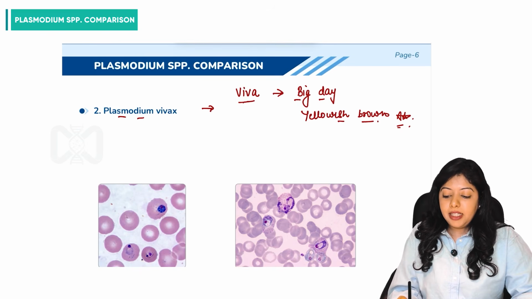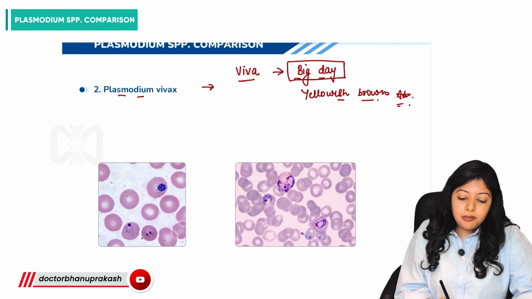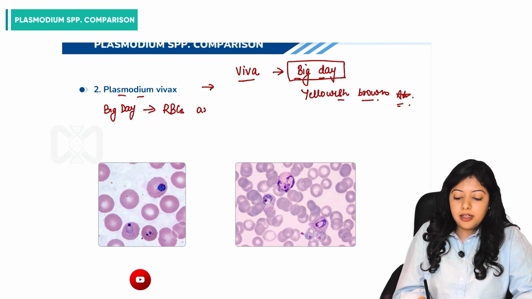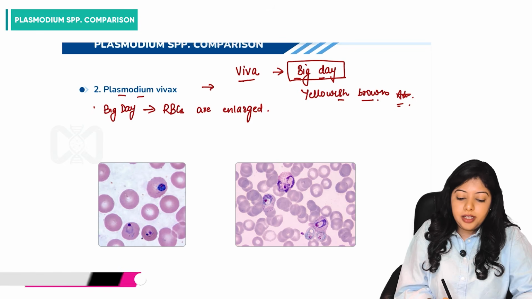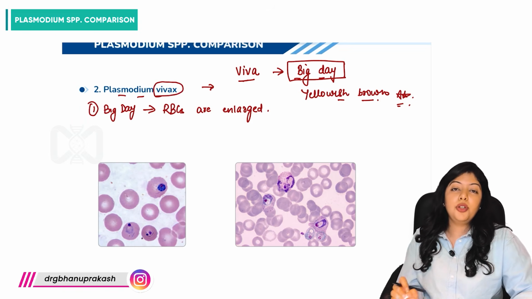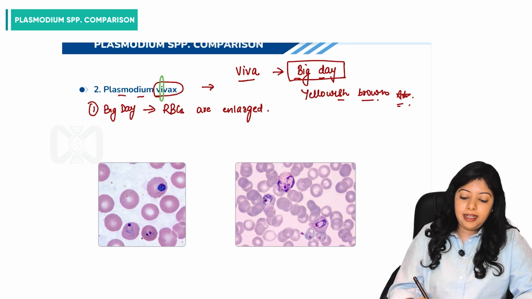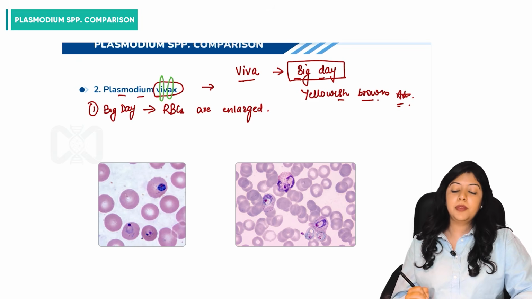So it is a big day. So let's first see, since it is a big day, RBCs are going to be enlarged. One thing, right? So let us derive an important description of Plasmodium vivax from the name itself. I and A, right?